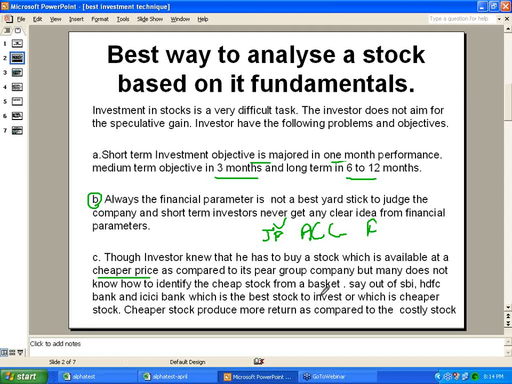Second, whether the parameter we are using to choose a cheaper stock has ever yielded any success in the past, or ever given any good result in its choice. That also matters much. So here a cheaper price stock is our aim.